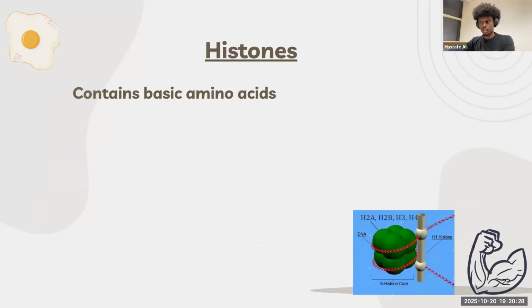Now, histones are basically, this was a slide that was mentioned in your lecture. I decided to include it for inclusion's sake. But for cysteine, all I need you to know is that polar amino acids either have a double bonded O or an OH.